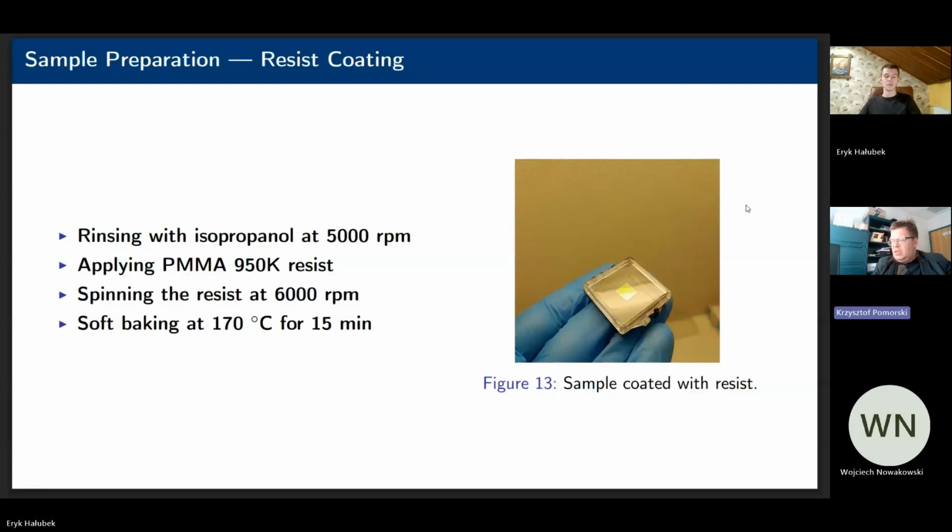RPM stands for rotations per minute, right? Yes, rotations per minute. Okay. So PMMA 950K is a pretty common kind of resist that is used here. Can you elaborate, what is PMMA an abbreviation for? So PMMA, I think you know plexiglass.